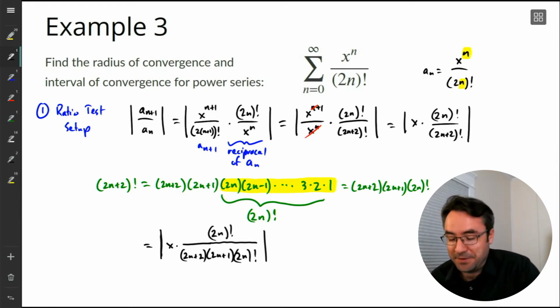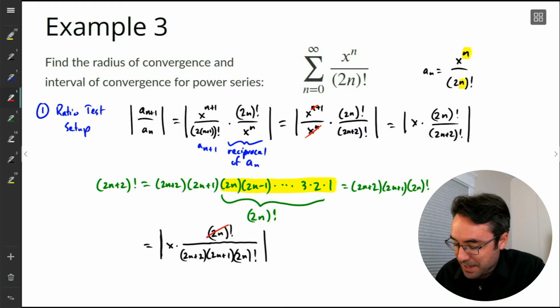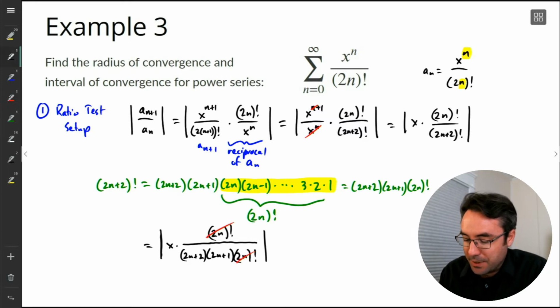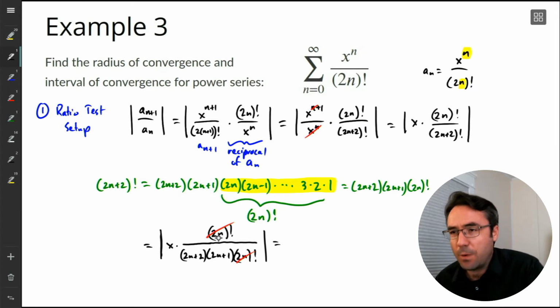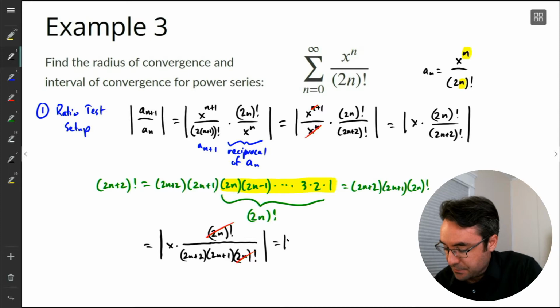So now we can simplify. So the 2n factorials cancel. And what are we left with? Well, we're left with the absolute value. And while we're at it, we can split up the absolute value. So we could write this as the absolute value of x times the absolute value of 1 over 2n plus 2 times 2n plus 1.